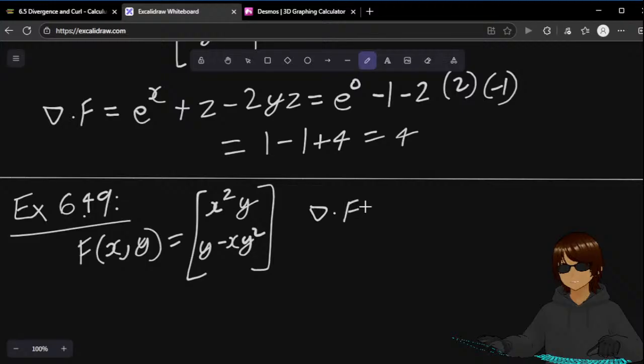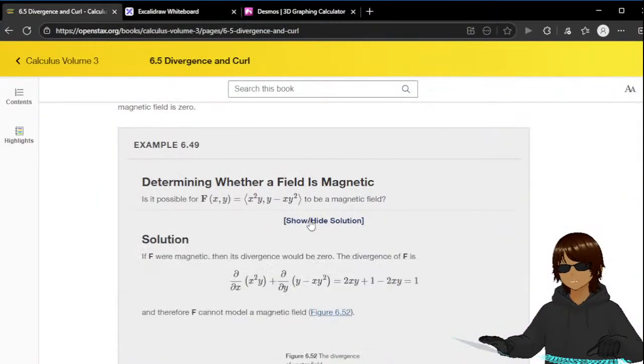The divergence of F is: you differentiate this with respect to x, and this with respect to y. So no, right? Because the divergence is not zero.